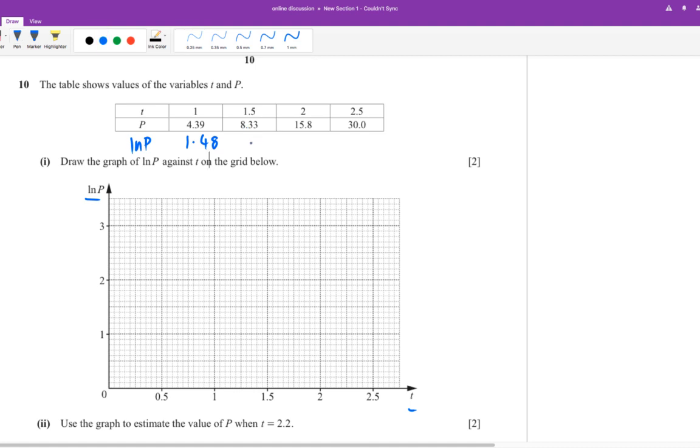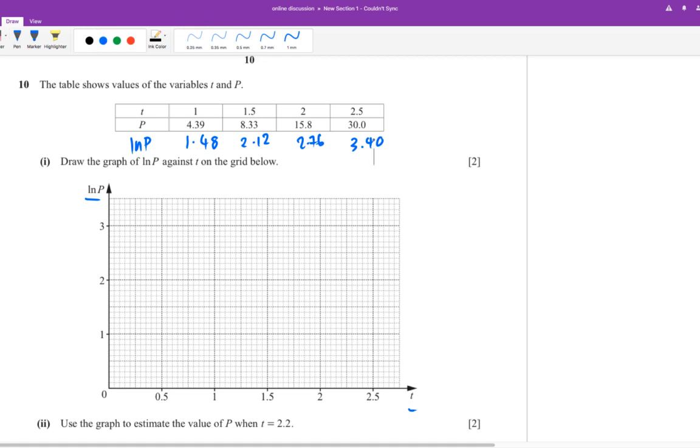Then I will ln 8.33, this one is 2.12. Then I will ln 15.8, 2.76. Then I will ln 30, so this one is 3.40.